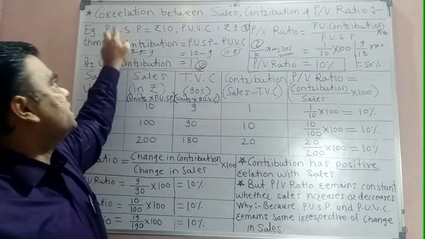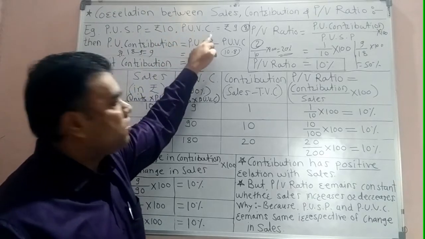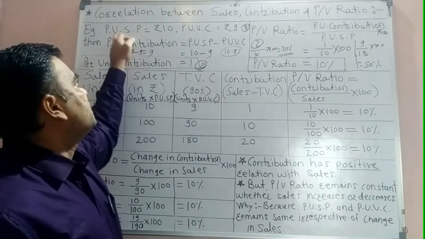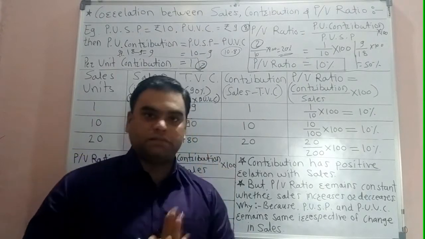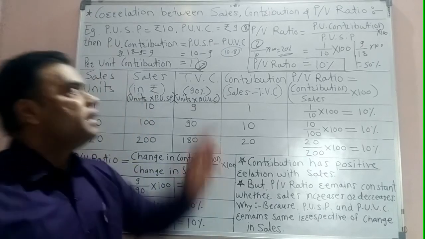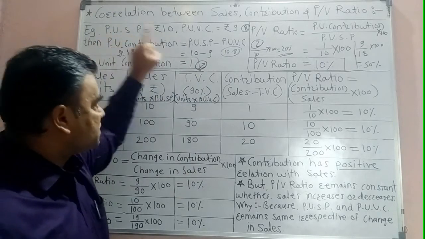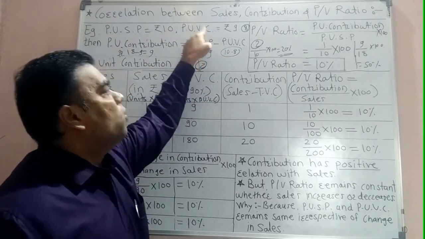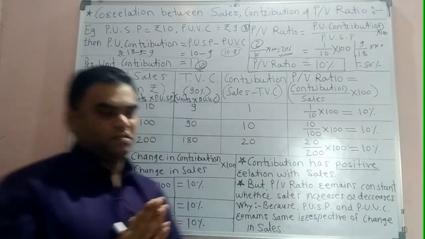If you make a change in per unit selling price, or in per unit variable cost, not total variable cost, only then will your PV ratio change. When will the PV ratio change? If you make a change in either of these two variables. How? Now we are going to discuss.